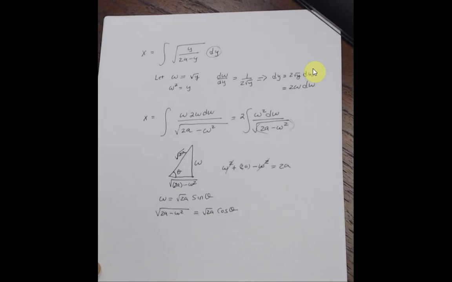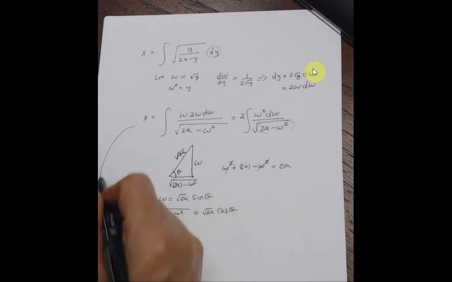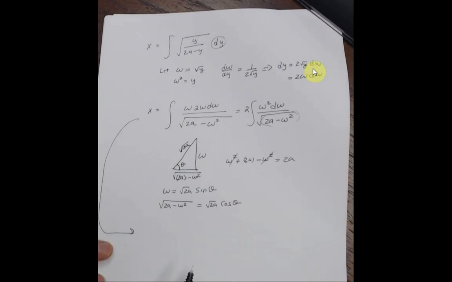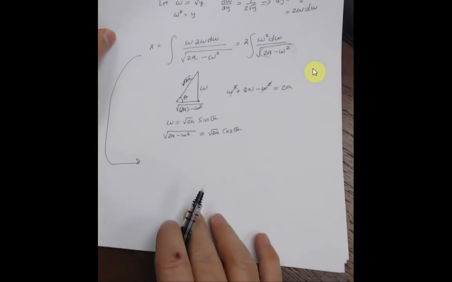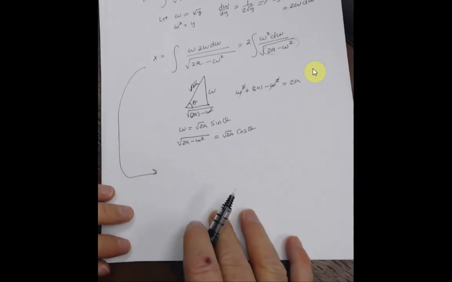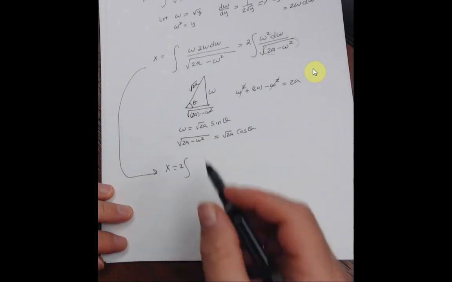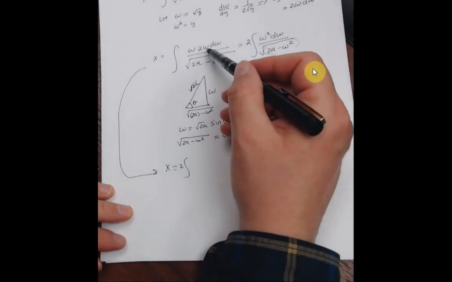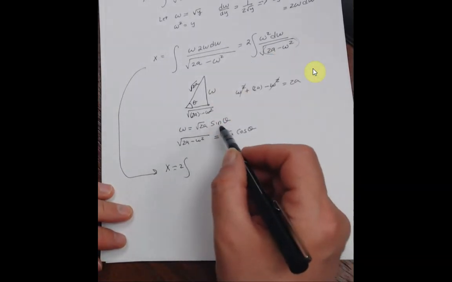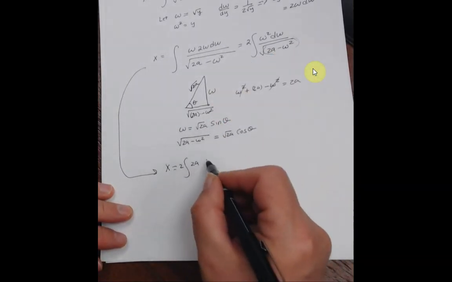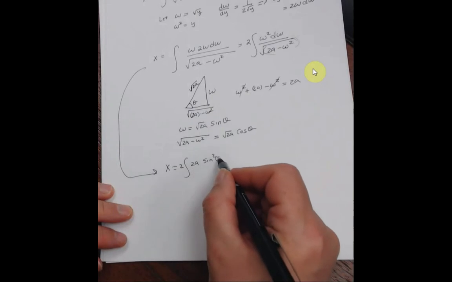That'll probably do it. So I go up here to my integral. Let's move this up a little bit. And I get x equals my 2. Then I have w squared here. That is this squared, so I get a 2a sine squared theta.